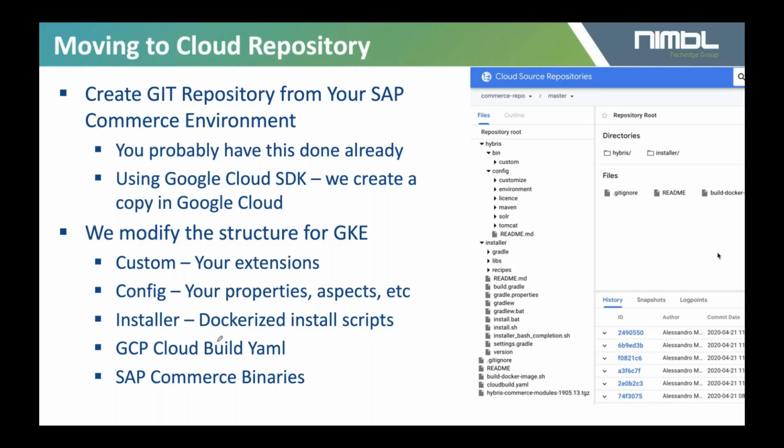In the installer folder, we're going to create new Gradle files and the Dockerized install scripts. We're building a brand new Cloud Build YAML file, and then obviously we need the Commerce binaries, right? You need the actual binaries. So each time a Docker container is started, it's essentially starting from scratch. It's initiating a Docker container, it's installing Hybris, it's applying all of my settings, and then it's sending a message to the Google Load Balancer that says, hey, I'm ready to accept requests, start sending me web traffic.